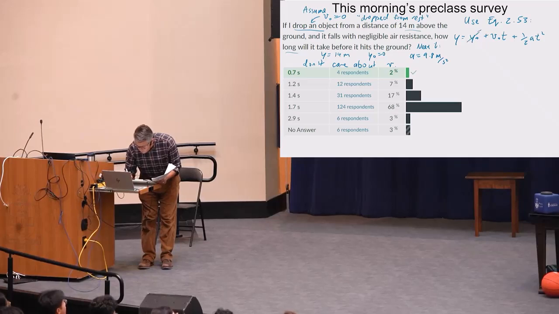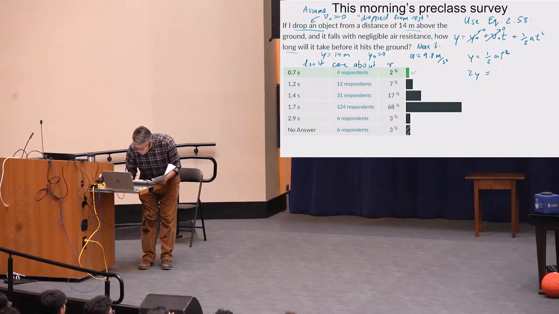So this is 0, this is 0. So you just get y is equal to 1/2 a t squared. We can times both sides by 2. 2y equals a t squared. Divide both sides by a, you get 2y over a is t squared. So t is equal to the square root of 2 times y divided by a.